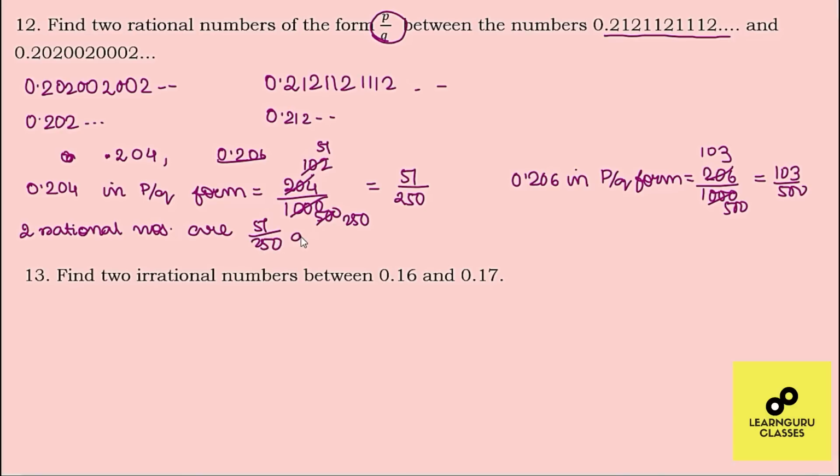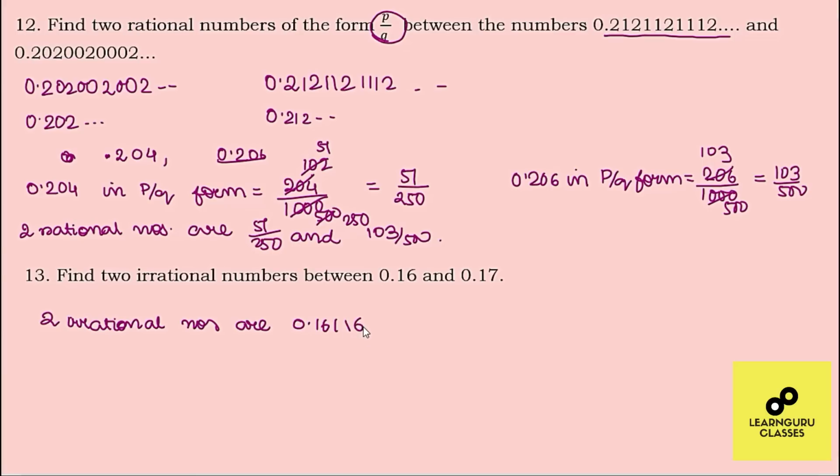Okay, so the next question is find two irrational numbers between 0.16 and 0.17. So this is very easy. Two irrational numbers we have to find out. So two irrational numbers are 0.161, 1666, 111.